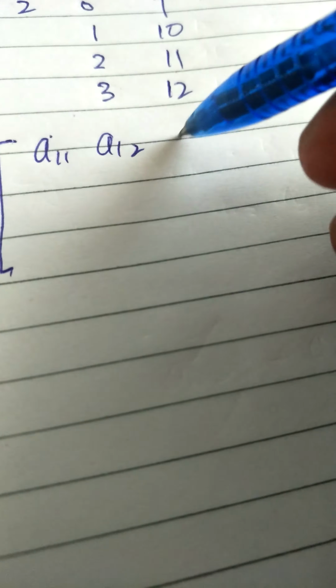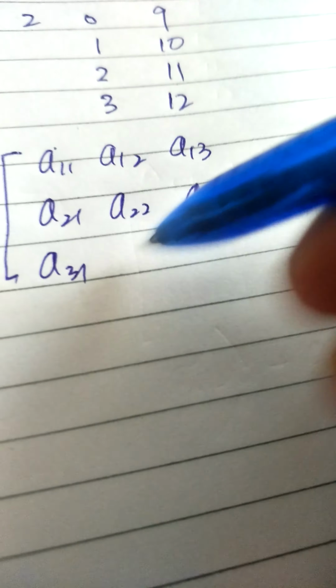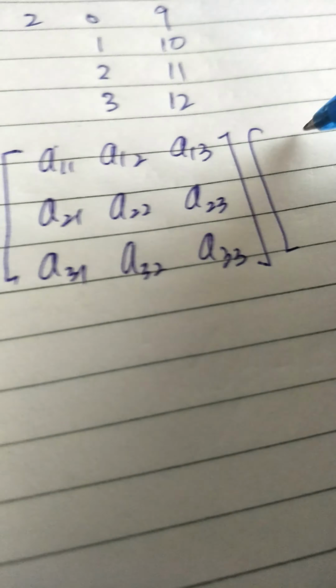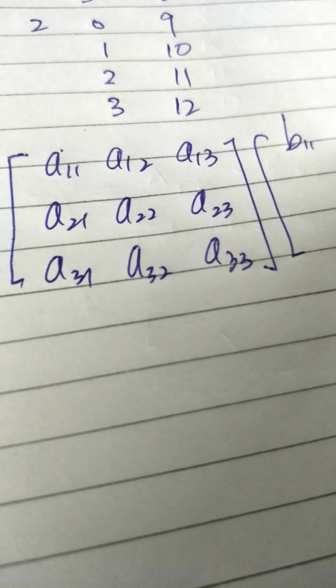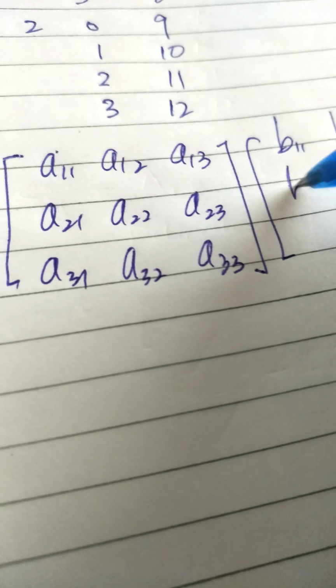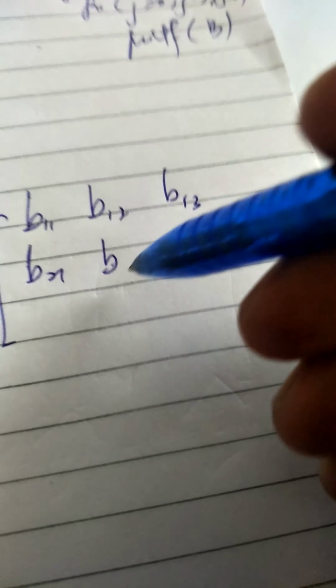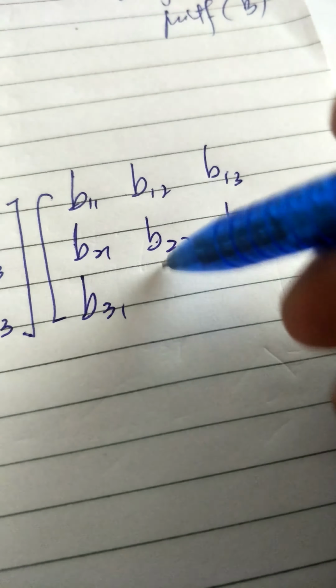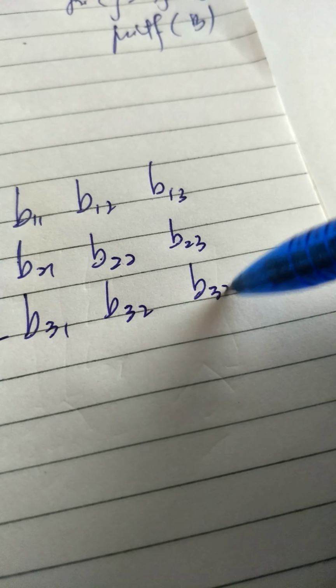In general, if you multiply 2 matrices, let's say I have 2 matrices, A11, A12, A13, A21, A22, A23, A31, A32, A33, and I have B11, B12, B13, B21, B22, B23, B31, B32, B33.